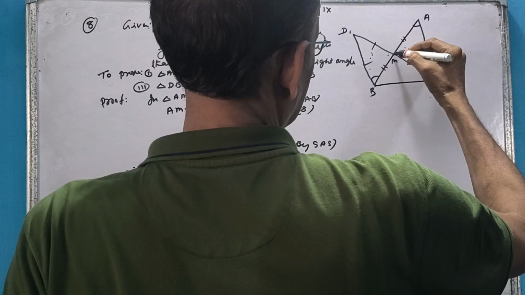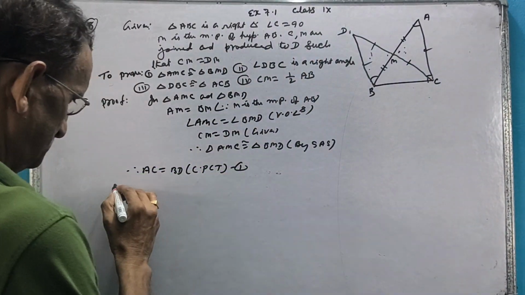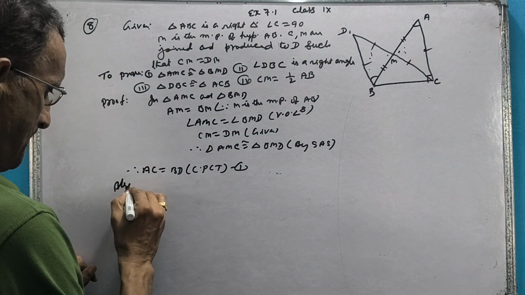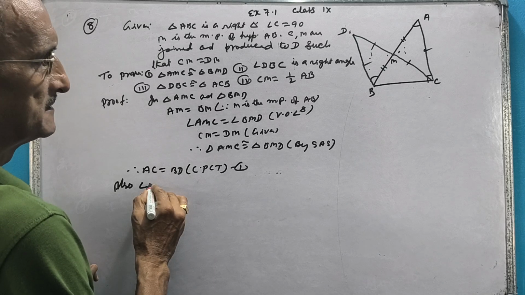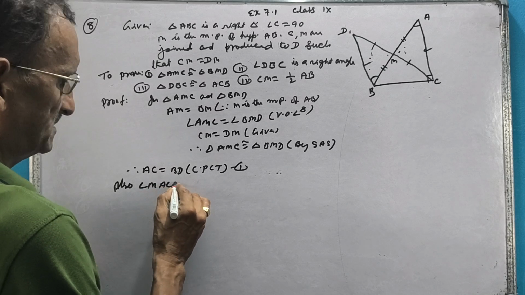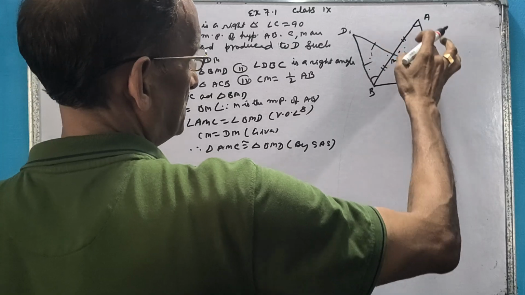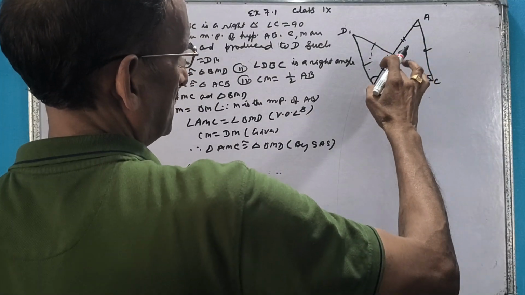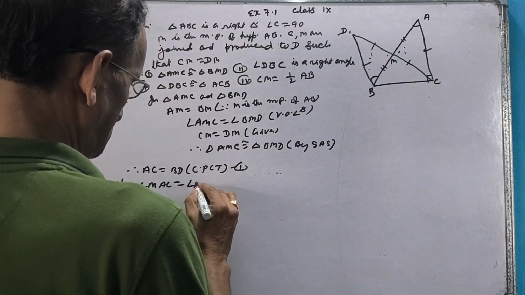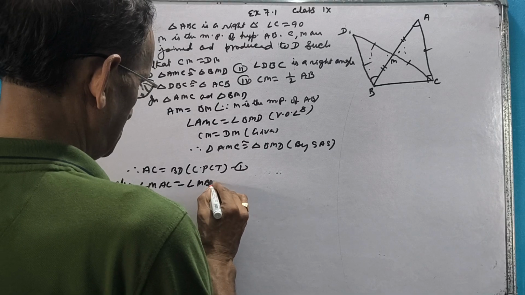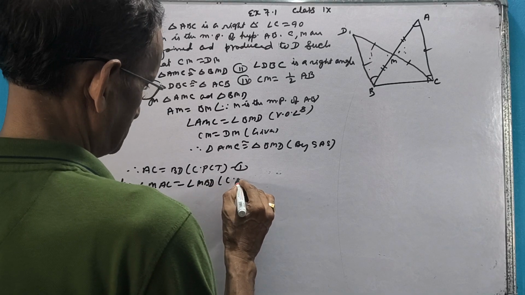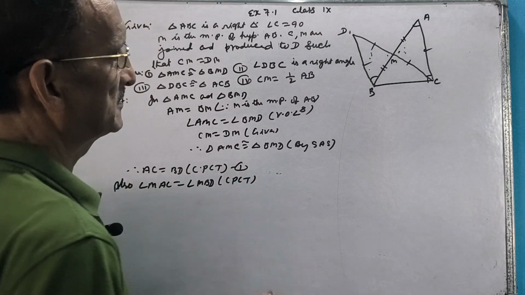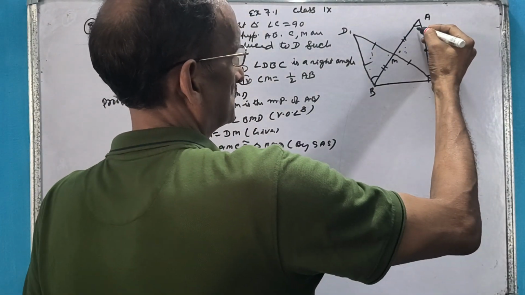What is the name of this angle? Angle MAC. Also, angle MAC is equal to angle MBD. This is also CPCT. Now, when you observe these two angles, what you will find?